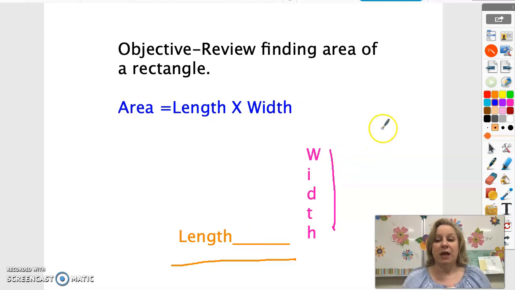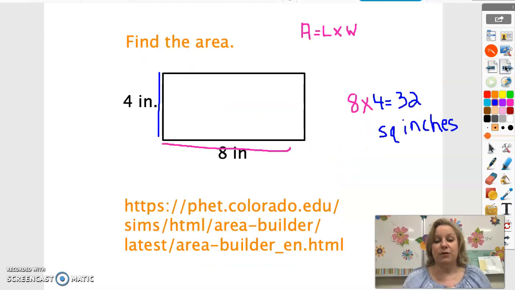I've been challenging you in the last couple of weeks to think about area. We've moved from putting those squares on top of the shape to looking at the actual measurements and the formula, and just multiplying your length times your width.